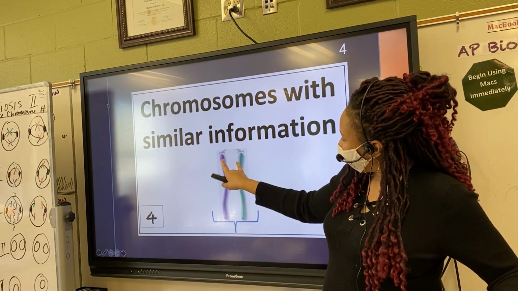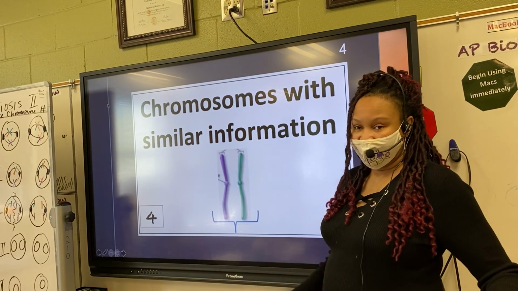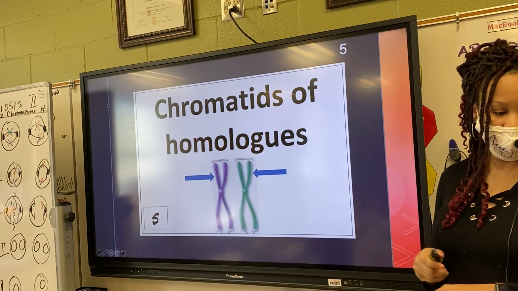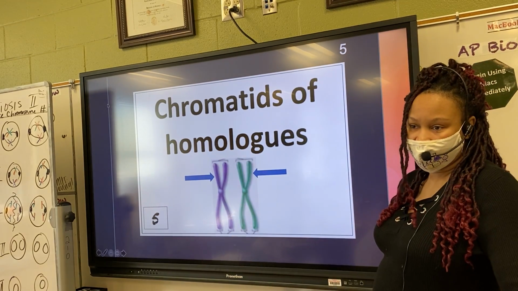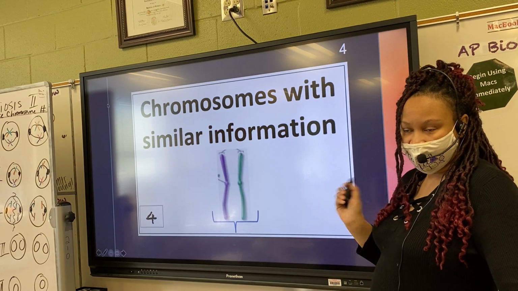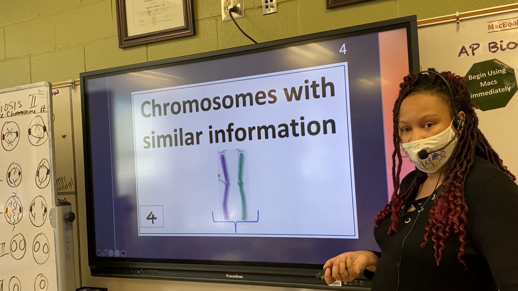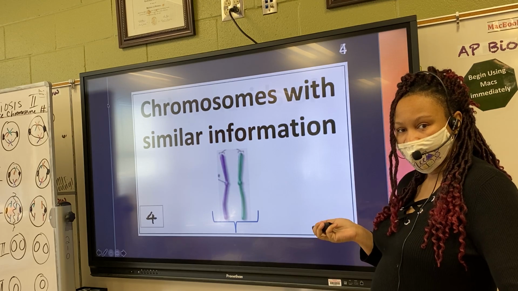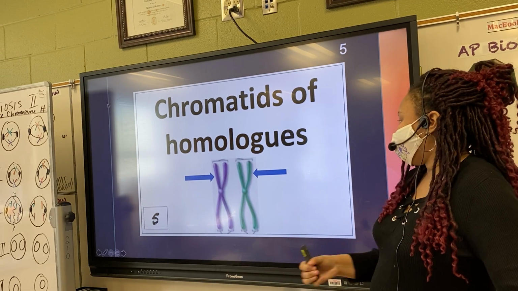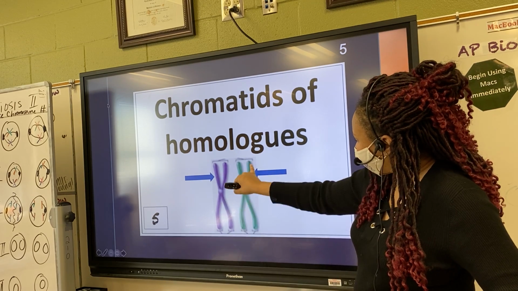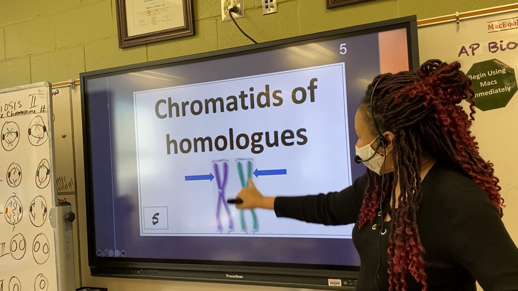Now this is a pair of unduplicated homologous chromosomes. These are duplicated homologous chromosomes. See the difference? Go back. Unduplicated homologs, duplicated homologs. See the difference? Now, what did I say this little thing right here is called? A chromatid.